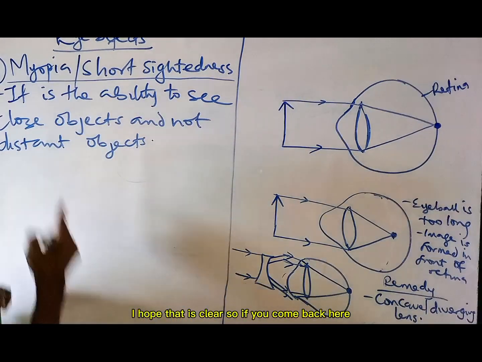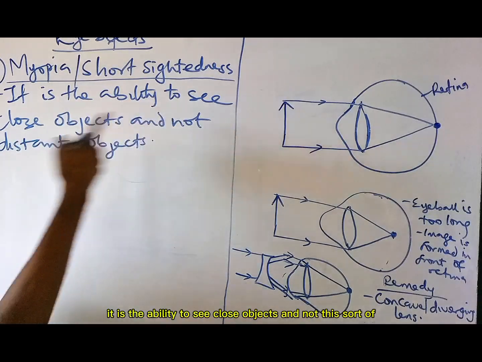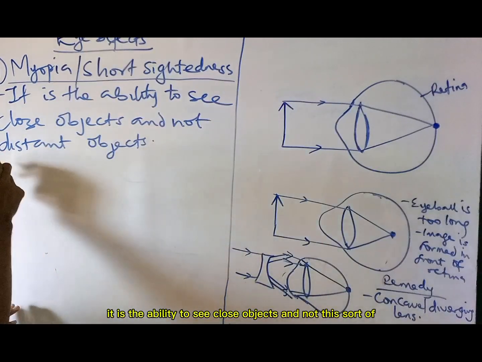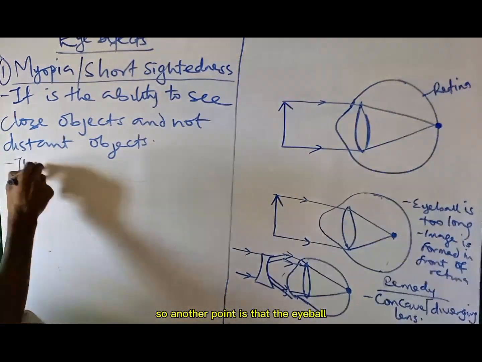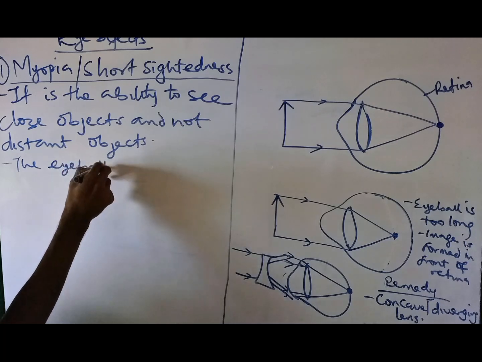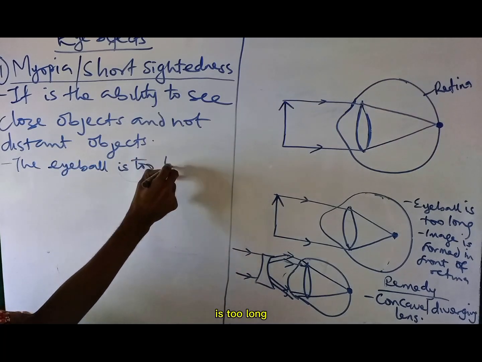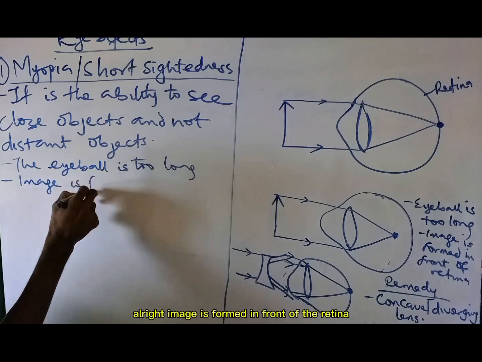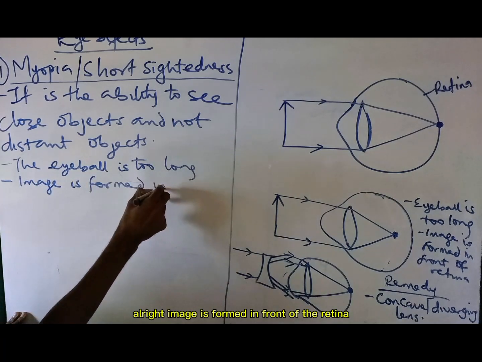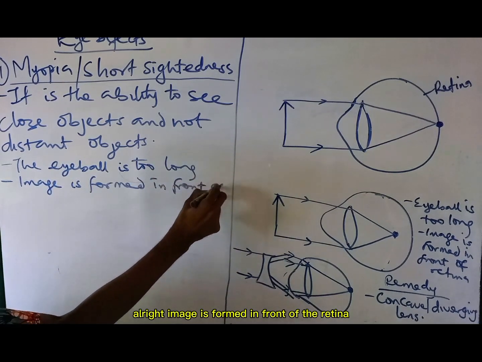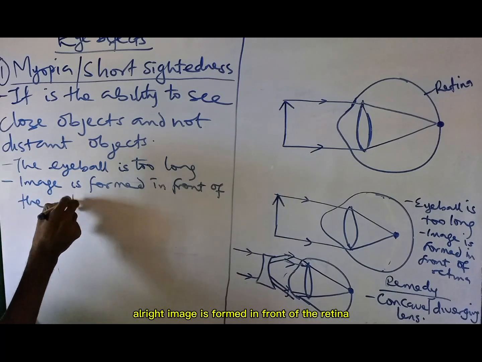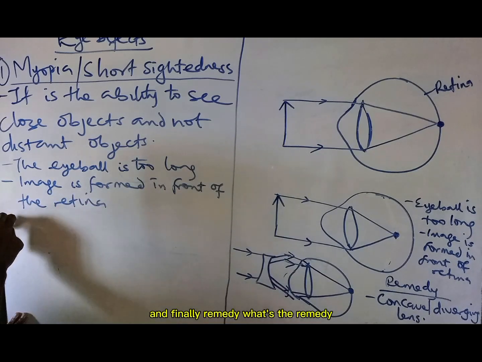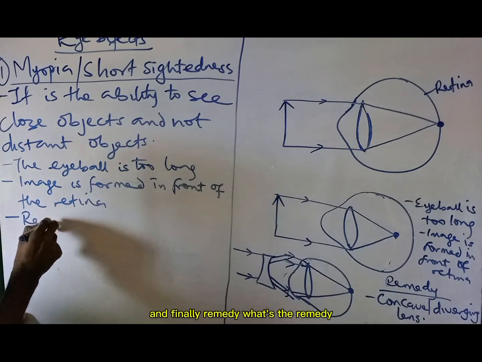So if you come back here, I said myopia is the ability to see close objects and not distant objects. So another point is that the eyeball is too long. Image is formed in front of the retina. And finally, remedy.